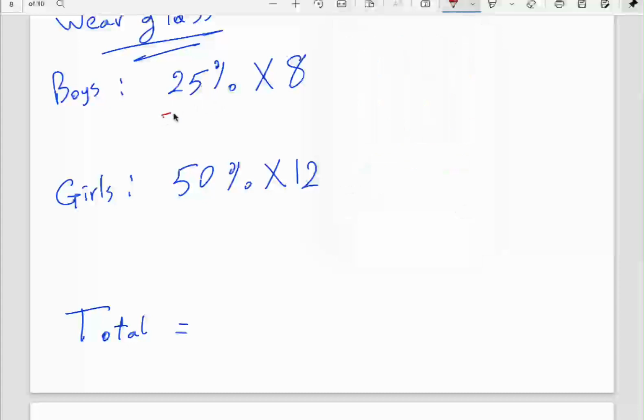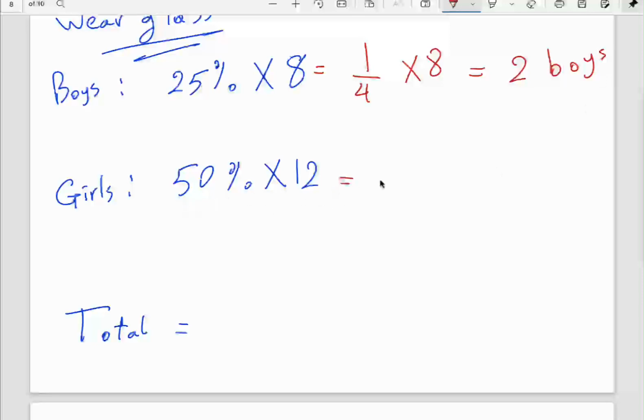25% in the simplest form is 1/4, right? 1/4 times 8. It will be 2. So 2 boys wearing glasses. And let's go to the girls.